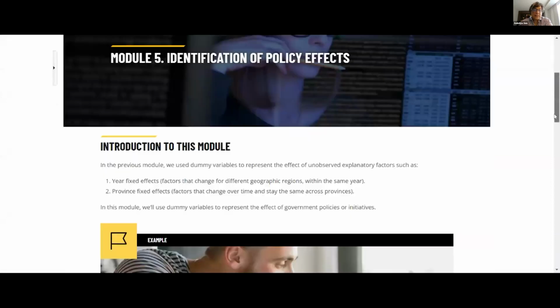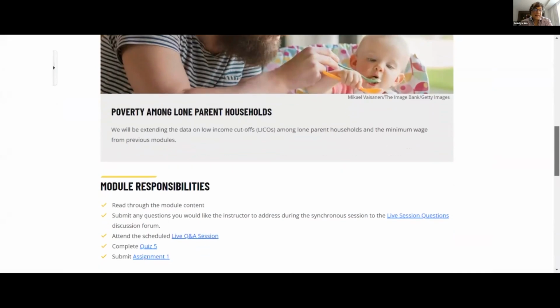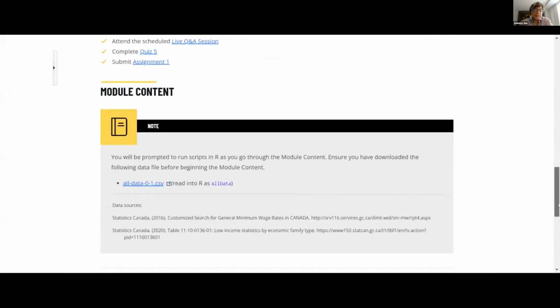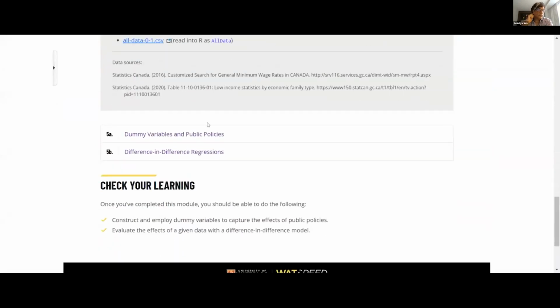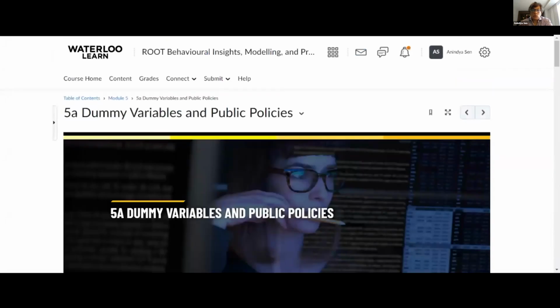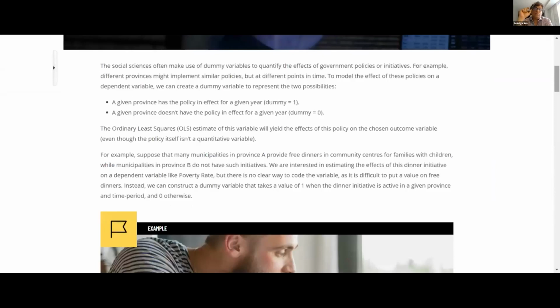So in terms of policies, there are some cases where it's very difficult to quantitatively model a policy. What do I mean by that?